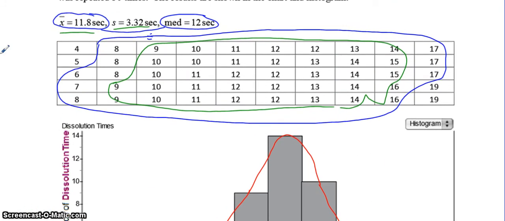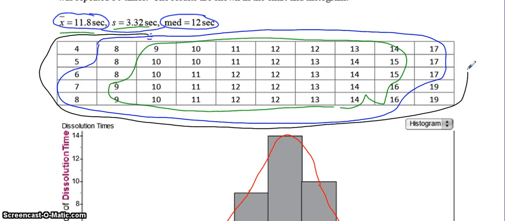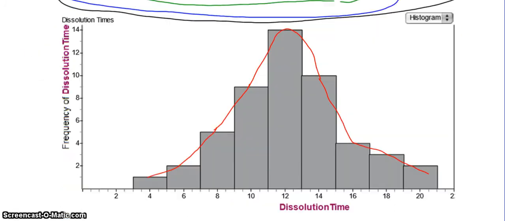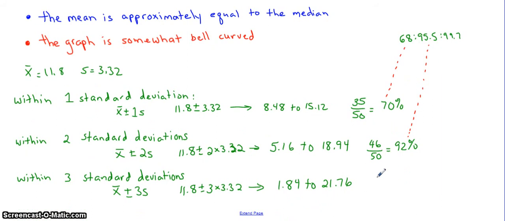And then if we look at the data, you can see that all of it is within that interval. So that is 50 out of 50, which is 100%. In a perfectly normal distribution, it should be 99.7.